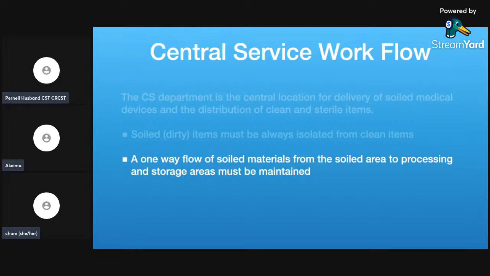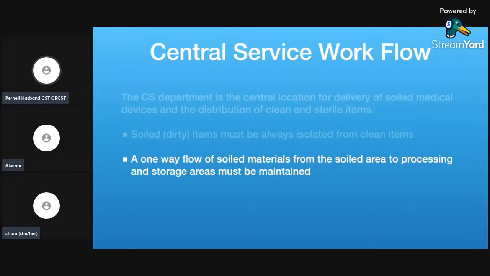Makes sense, right? A one-way flow of soiled materials, dirty items, used items, from the soiled area to processing and storage areas must be maintained. It's really important that we don't have cross-contamination. We're in a hospital, a lot of sick people. Obviously, people's immune systems are compromised. They're in very delicate states.